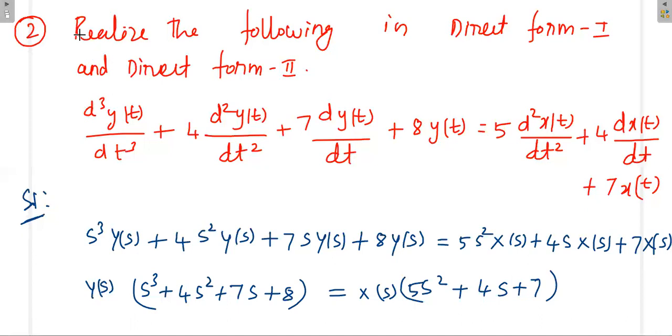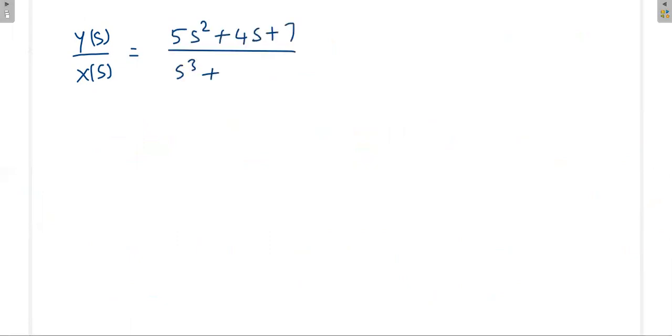So Y of s divided by X of s is equal to 5s square plus 4s plus 7 over s cube plus 4s square plus 7s plus 8. Now the problem here is the numerator has degree 2, but the denominator has degree 3.